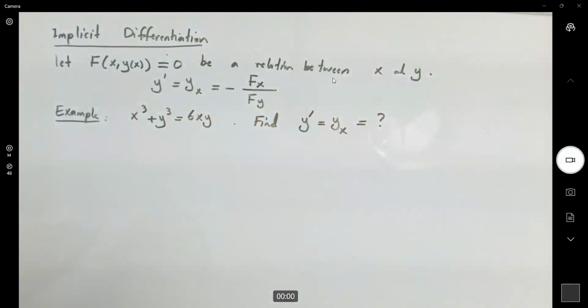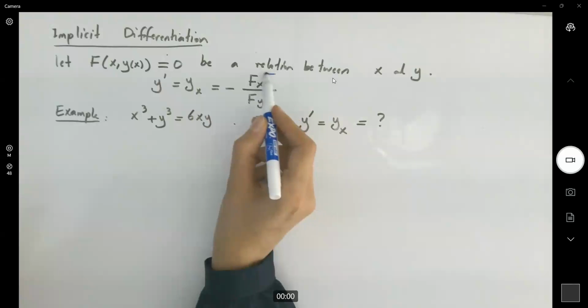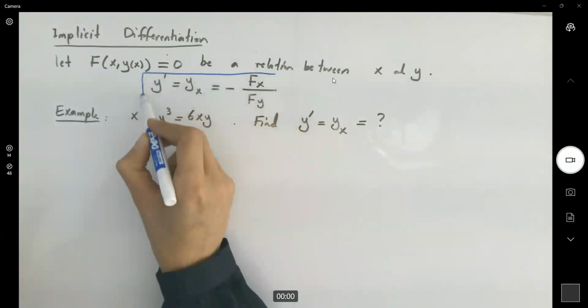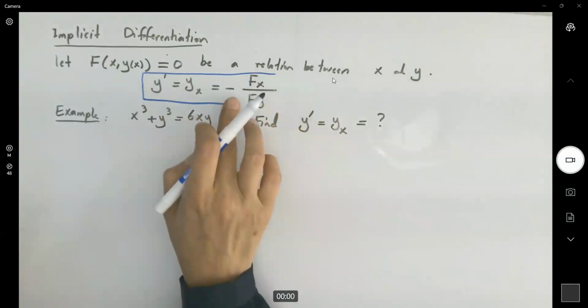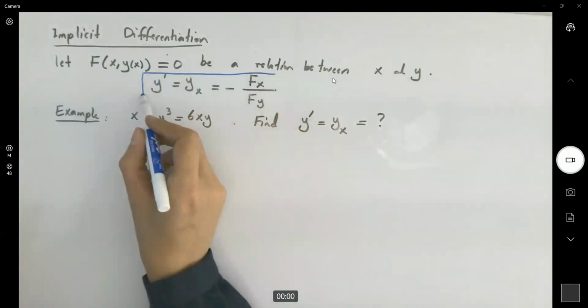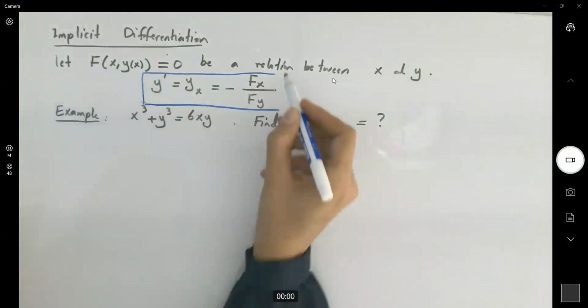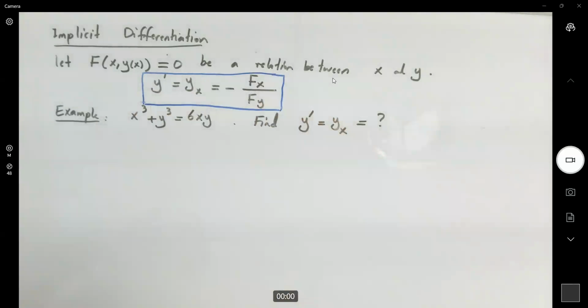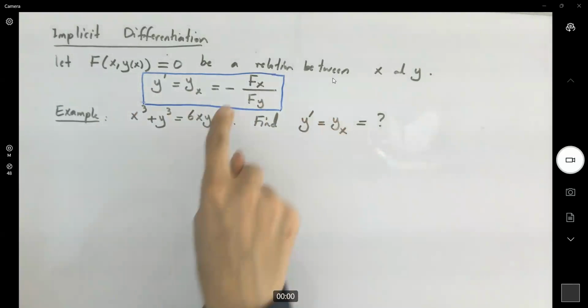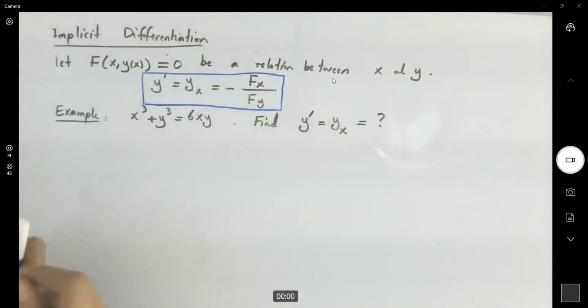This is implicit differentiation. You have a combination of variables x and y. If you can isolate your y on one side, then feel free to go ahead and just take the derivative. If not, you're going to apply the implicit differentiation here.